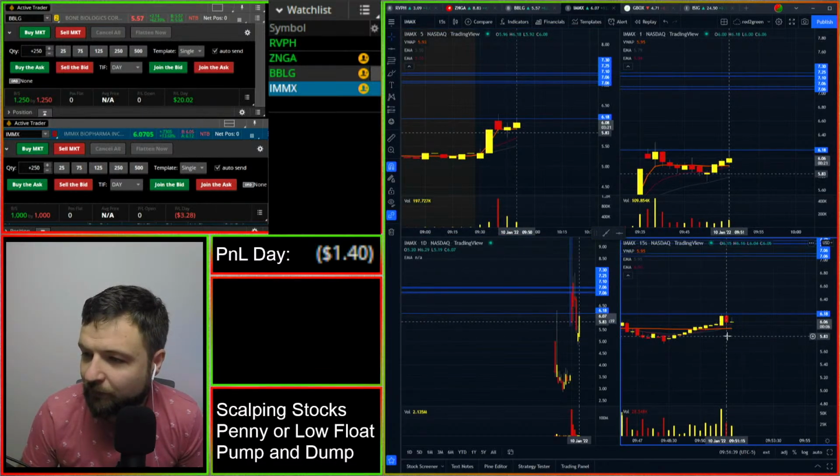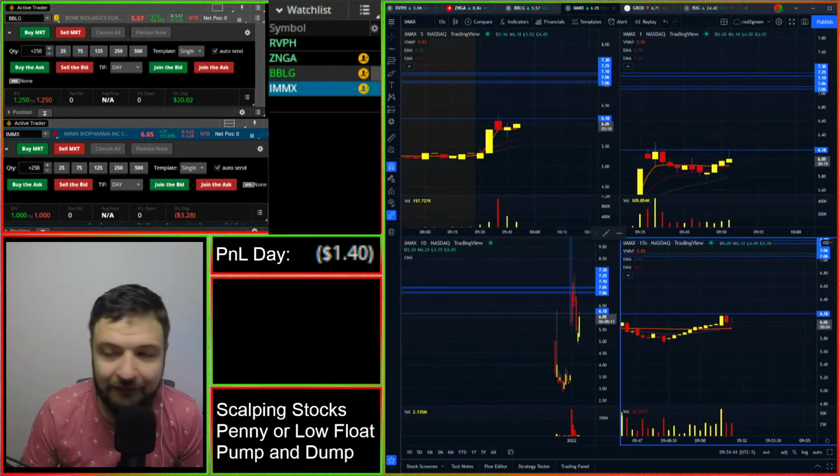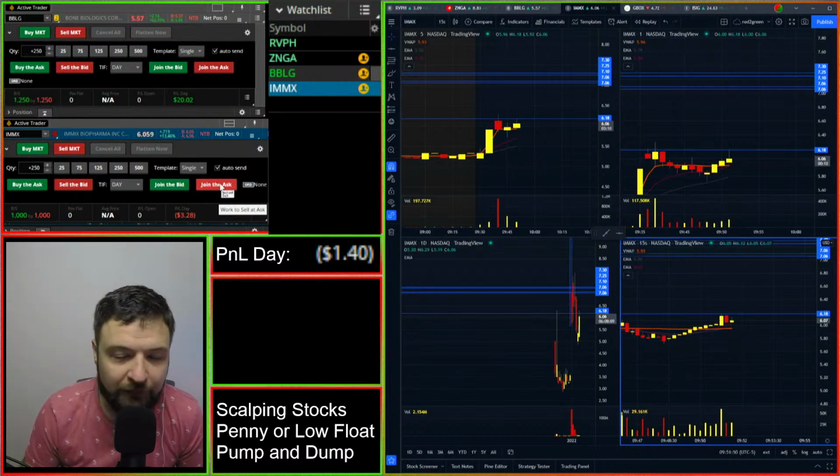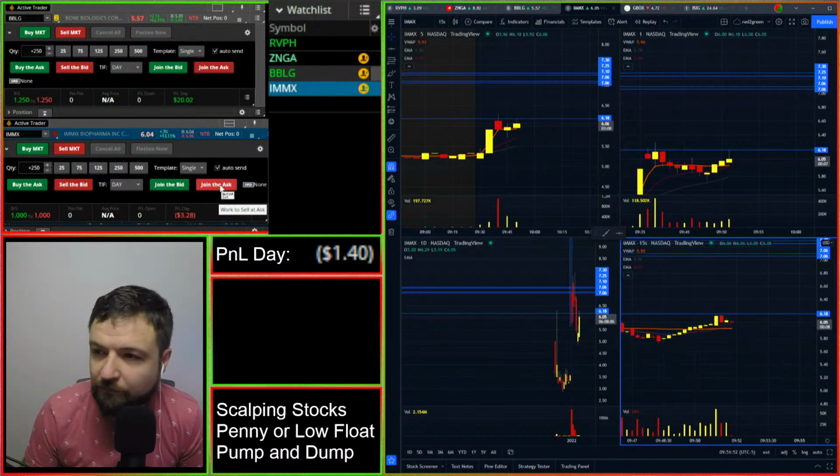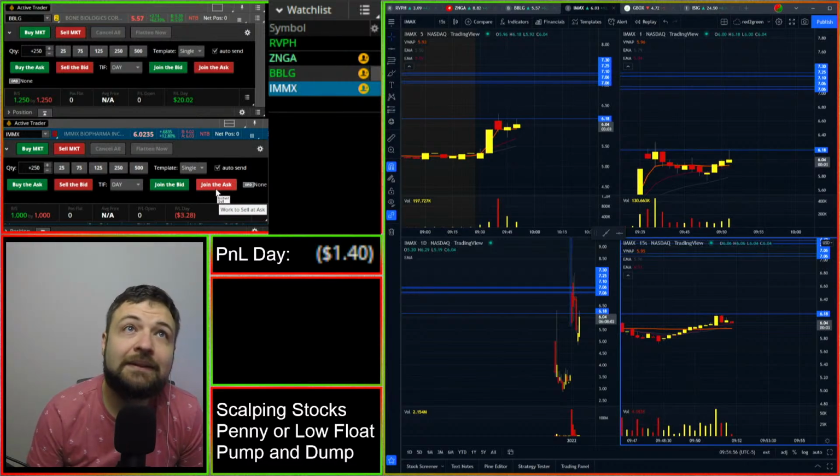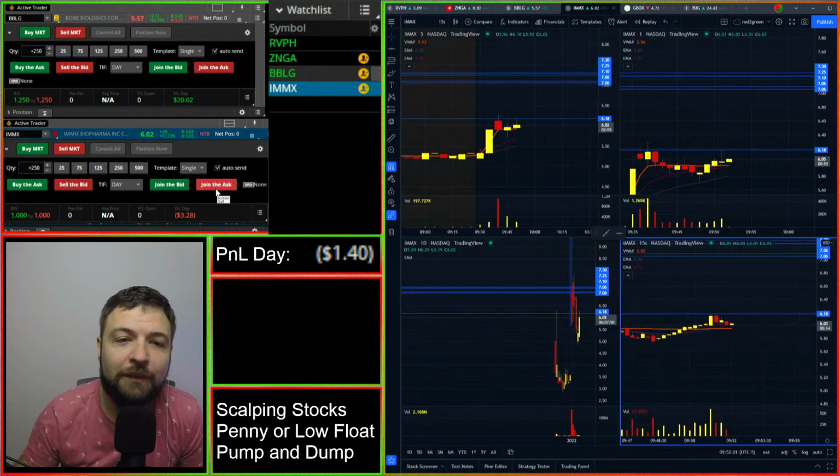Let's see if it pulls through 816, 16 and 12. Let's watch for that volume come in. It's not. Maybe we're on the backside of IMMX. ZNGA, look at that. Bumped against the VWAP.